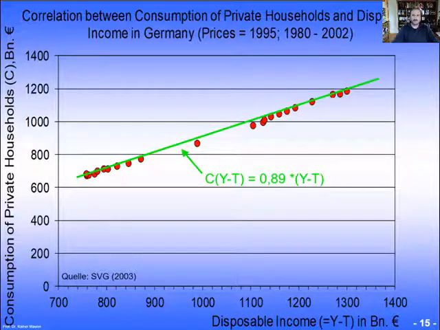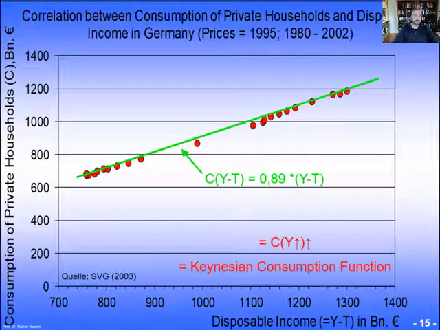This means that household income has indeed a very strong impact on household consumption, just as postulated by the Keynesian consumption function. And it is clear, since all points lie very close to this regression line, that the correlation is very strong and significant. The error margin is very small in this regression.